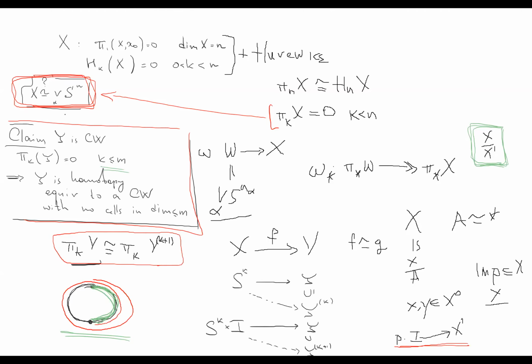By our claim, we know that, in these two conditions, or just this bottom one, we can take Y to have no cells of dimension smaller than n.